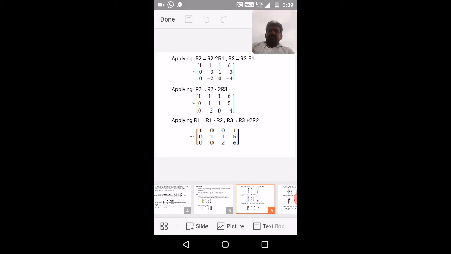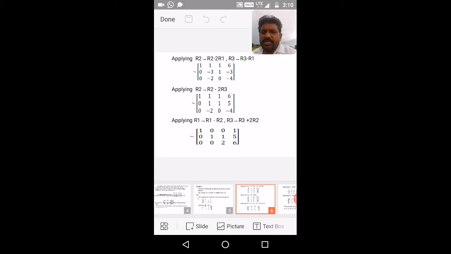We are applying the row operation here only for R2 and R3. So 0 minus 2 times 0 is 0, minus 3 plus 4 is 1, 1 minus 0 is 1, and minus 3 plus 8 is plus 5, and the third row will remain as it is, 0 minus 2 0 minus 4.